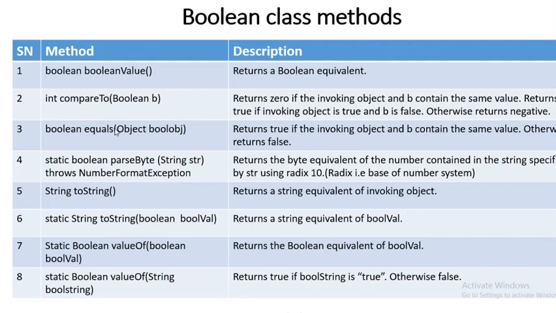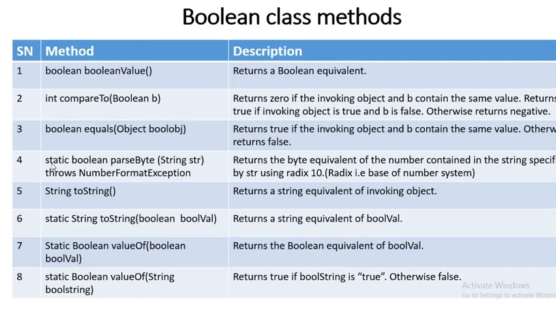Boolean equals, the return type is boolean, the method name is equals, and the argument should be a Boolean object. It returns true if both objects, the invoking object and the argument object, are the same, otherwise false.